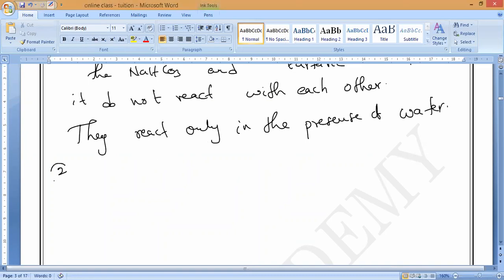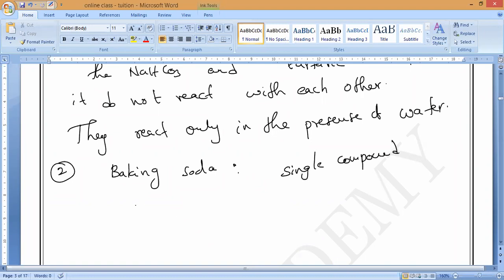Now, the second important point you have to remember here. Many times we confuse baking soda and baking powder. All of you should remember, baking soda is a single compound. Don't get confused in the exam.